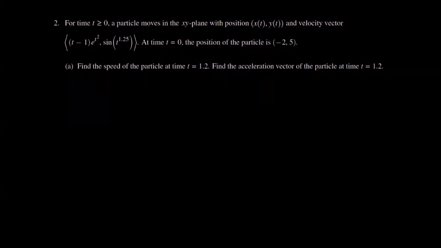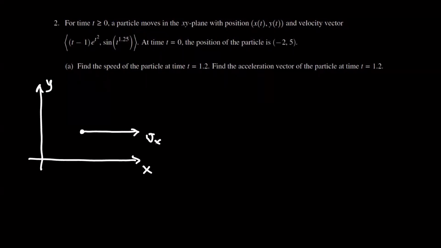So let's draw a little picture here, the x and y plane. This is x, this is y, and then this is the position of the particle at time t. This is the velocity along the x-axis. This is the velocity along the y-axis.